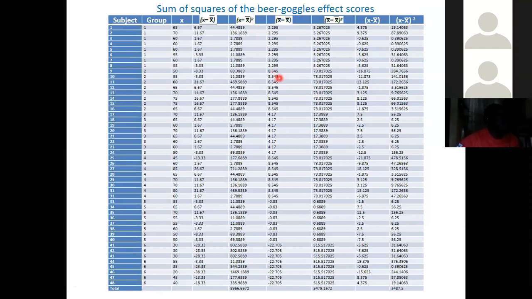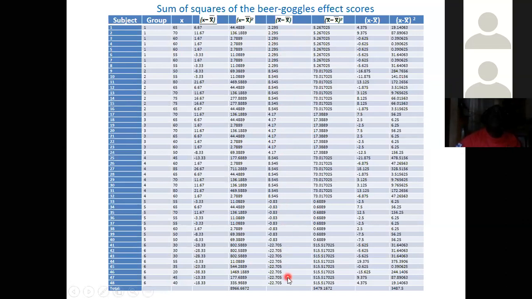The mean is the same for all the 8 participants in the group. You can see that when you remove it, it gives you a constant value. For the first 8, the second 8, third, fourth, fifth, sixth.